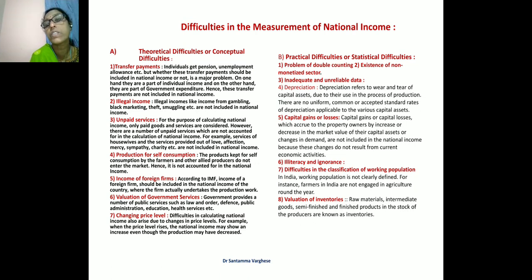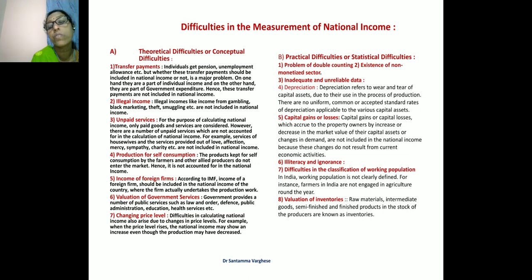Calculation of these services at market price is difficult as the real value of these services is not known. Therefore, it is a difficulty. Then the changing price level. Difficulties in calculating national income also arise due to changing price level. The price level sometimes falls and sometimes rises. So these are the difficulties. These are the 7 theoretical difficulties we discussed.